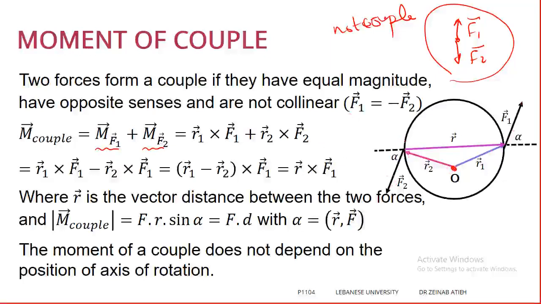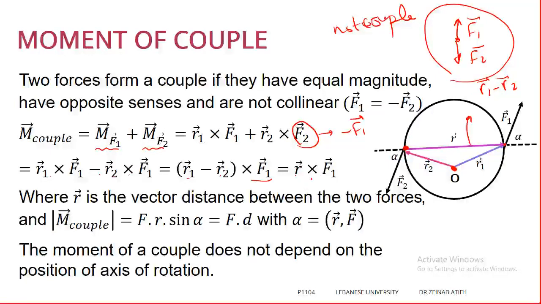Since F1 equals minus F2, I will replace F2 by minus F1. I will get R1 cross F1 minus R2 cross F1. Take F1 common, I will get R1 minus R2. Remember that R1 minus R2 is the vector joining the tip of R2 with the tip of R1. So this is R2, this is the vector in purple.